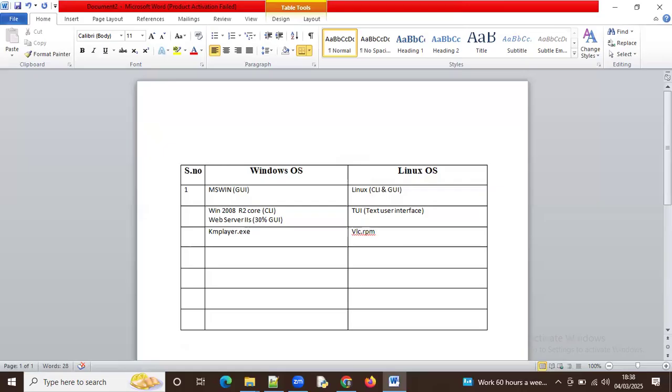What is RPM? Revolutions per minute? No. Red Hat Package Management.